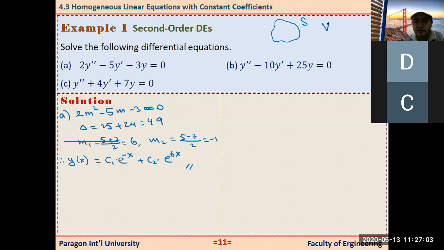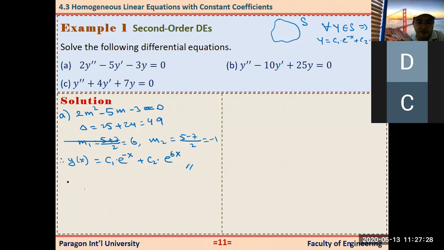If we pick any solution from this set, it can be written in this form: y will be C1 times e to the power minus x plus C2 times e to the power 6x. Any function of this form will be a solution to this differential equation.